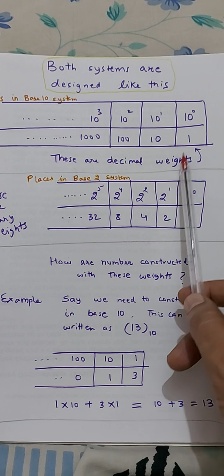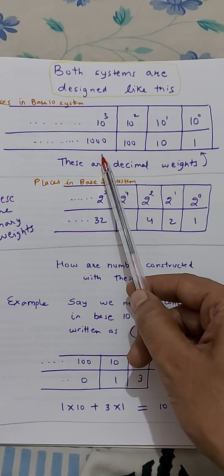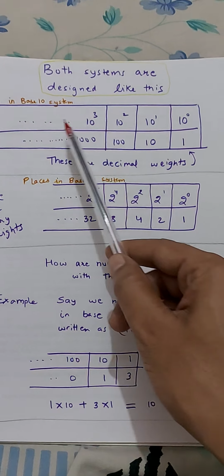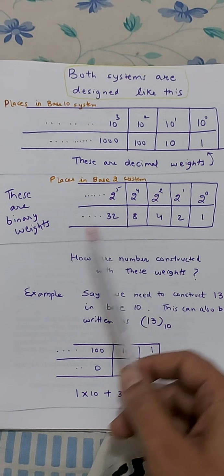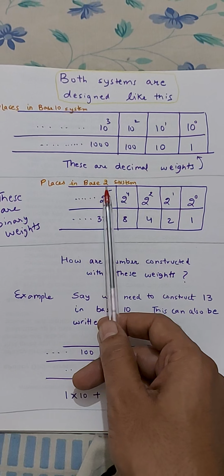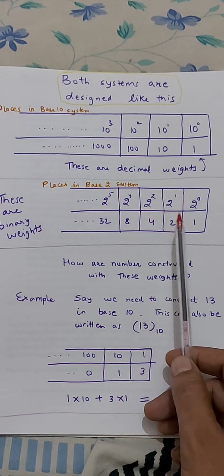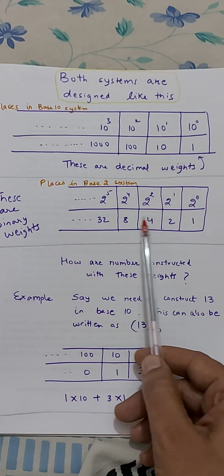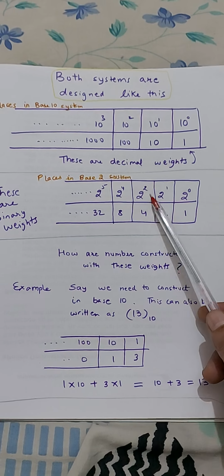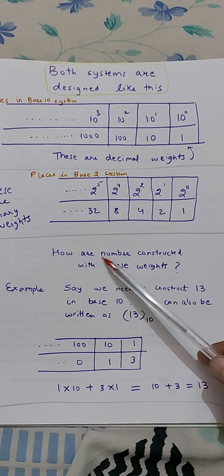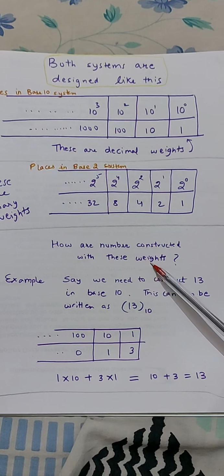We can choose these weights with the numbers in the given set and construct a number. Similarly, in base 2 system, which is binary number system, we can have weights and we can construct numbers. So this is just an introduction. Let us see how numbers are constructed using these weights.